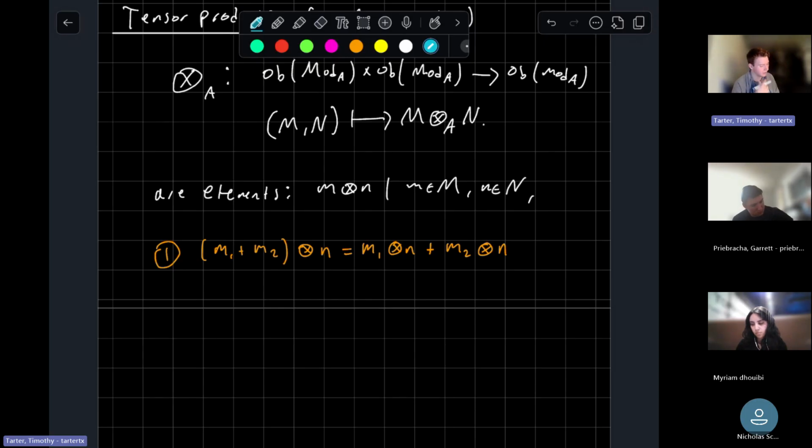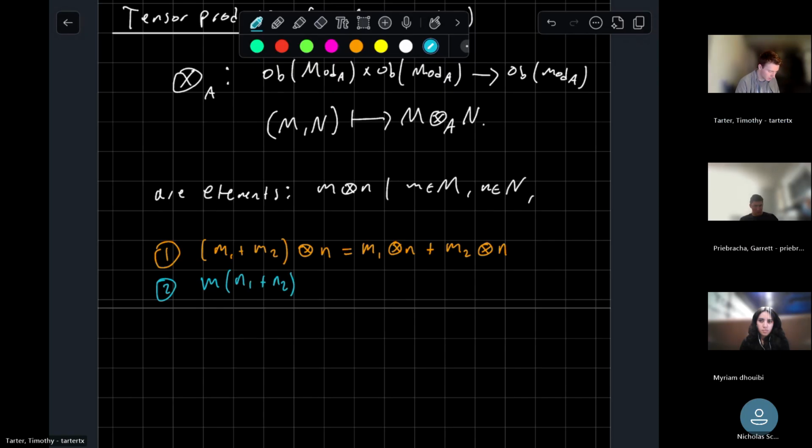I think we get bilinearity because they're A modules. And M times (N1 plus N2) distributes the way we want it to: M tensor N1 plus M tensor N2.